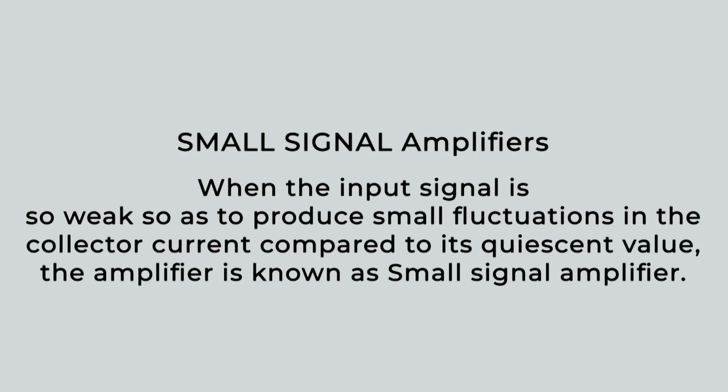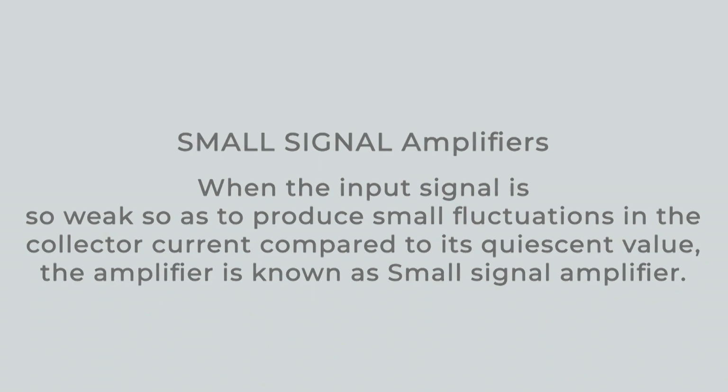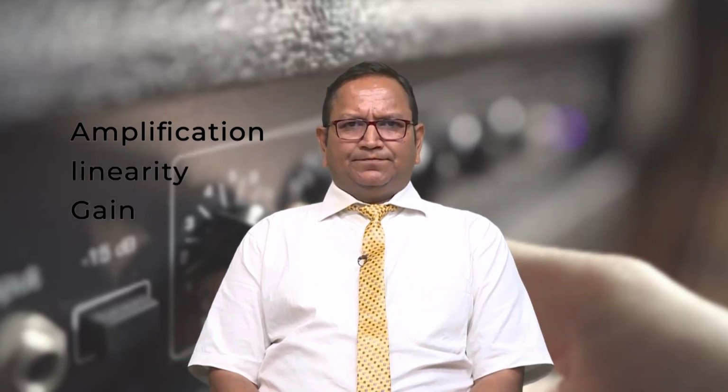A small signal amplifier is one in which the input signal is so weak as to produce a small fluctuation in the collector current compared to its quiescent value. In a small signal amplifier, the main factors considered are amplification, linearity and gain.